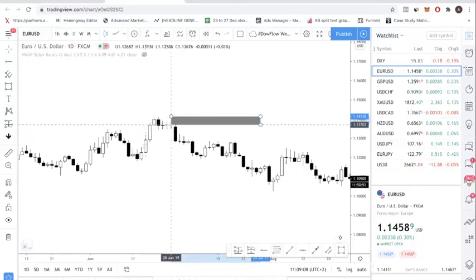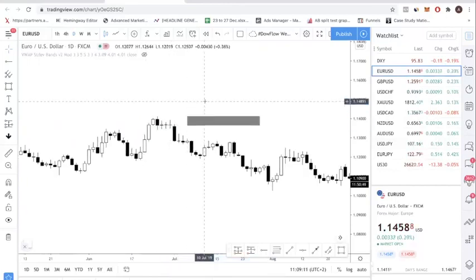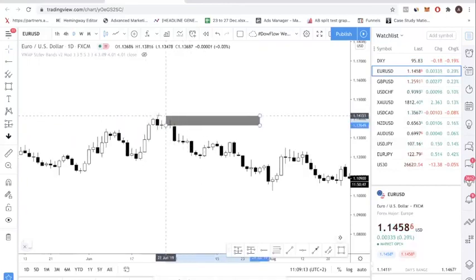What I like to do is, if you are drawing a supply zone, then of course you want to cover the highest point, because you're trying to draw supply. You cover the highest point and you just cover the candle body. In this case, I will connect to this candle body, and I will draw it like this. So I repeat myself: the first thing you want to do is cover the highest point.